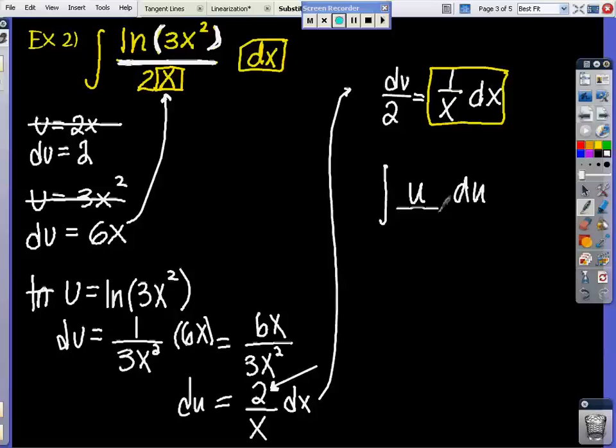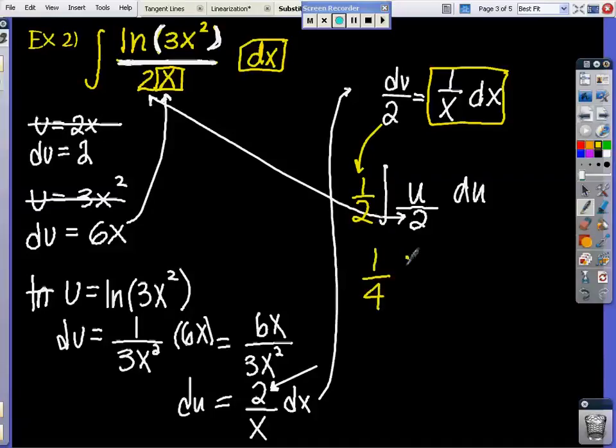So we still have the divided by 2, which comes from this 2. And then we actually have this 2 I'm going to put out front as a 1/2 instead. So if I want to make things easier for myself, I can bring both 2's to the outside, factor it out. I just get left with u du.